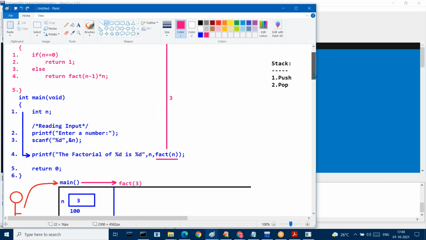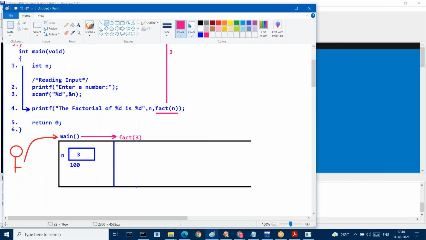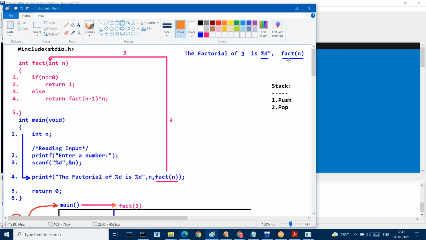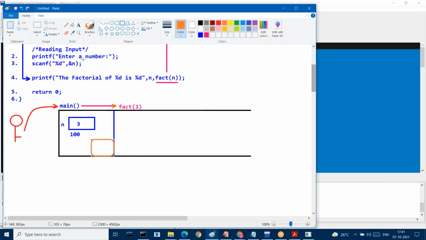Now we know one fellow is there, guys, as our instruction pointer. He will remember that when the control comes back to main, this printf is not completed. Printf is partially completed. Factorial of 3 is then stuck. So this is the line from where execution will start. What is that line, guys? 4.